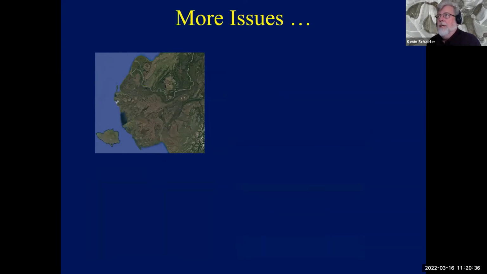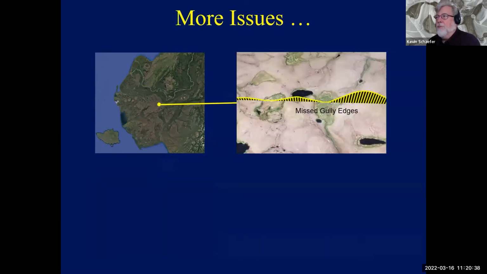Other issues are more with technique. In this particular case, I'm missing the edges of the gully. It finds a local minimum right here, but it really should extend the zero values out to the edges of the gullies. You can see that I'm not quite doing that here, and so I think I'm getting a slight overestimate.